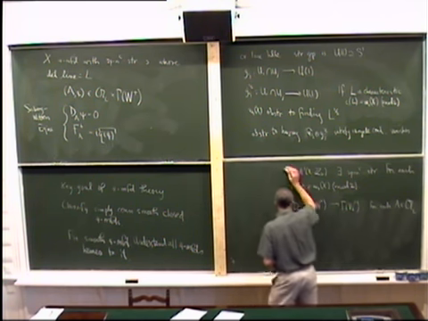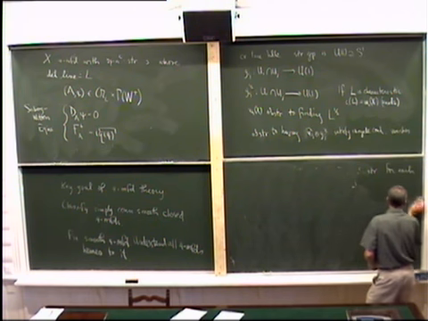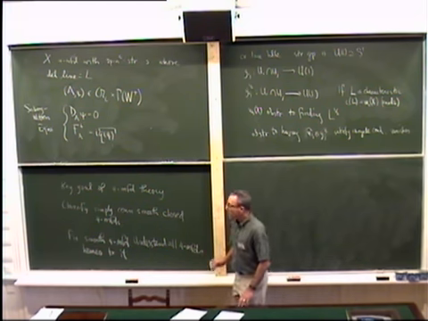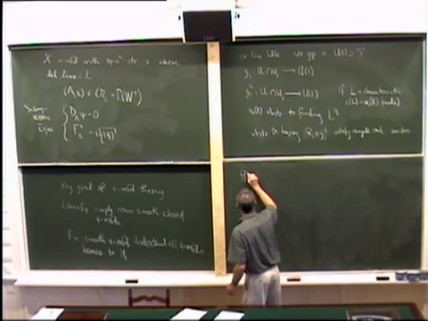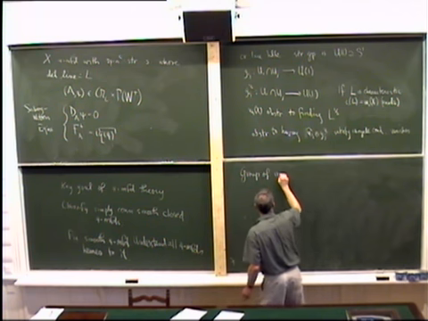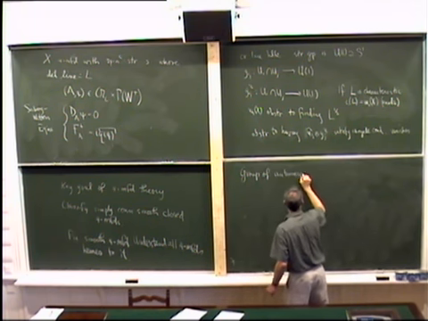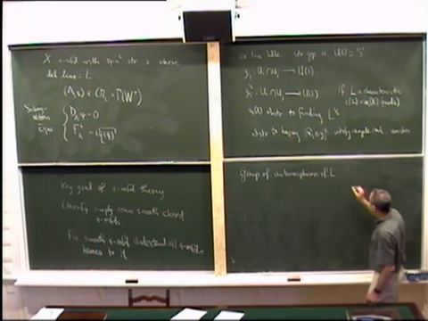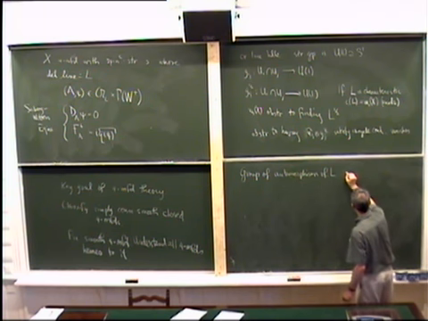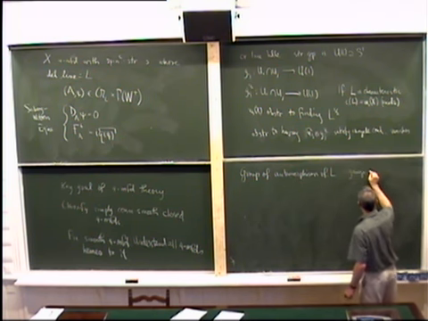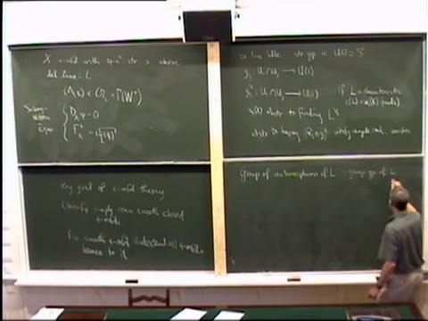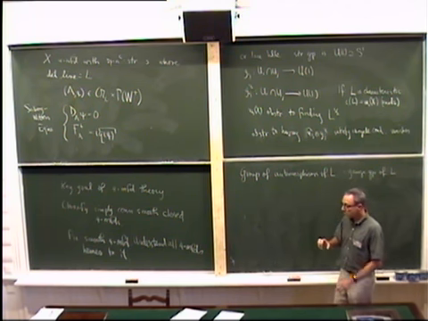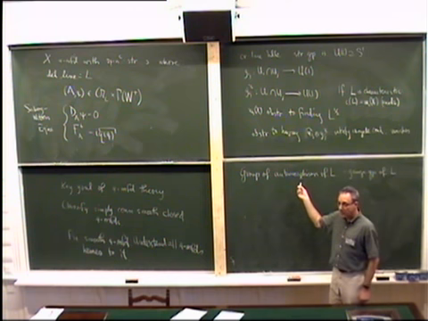So first of all, the group of automorphisms of the bundle L, this group is often called the gauge group of L. It's nothing more than maps from X to a circle, where this circle just rotates the fibers.